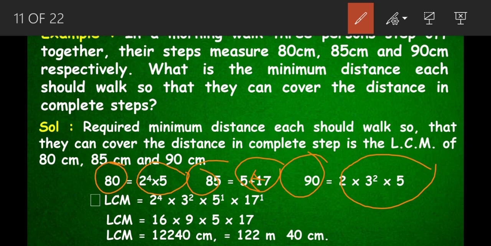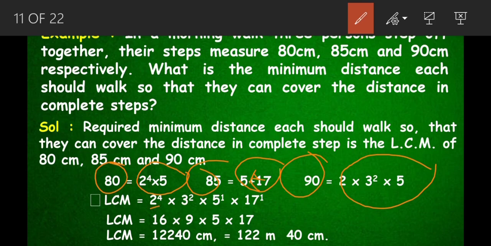For finding LCM, what we have to do? The prime number with the greatest exponent, that we have to take. The prime number 2 occurs with the greatest exponent 2 power 4.